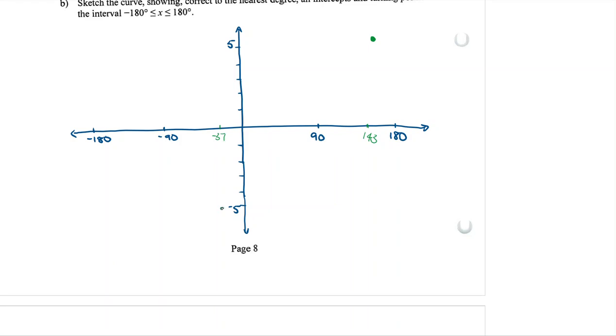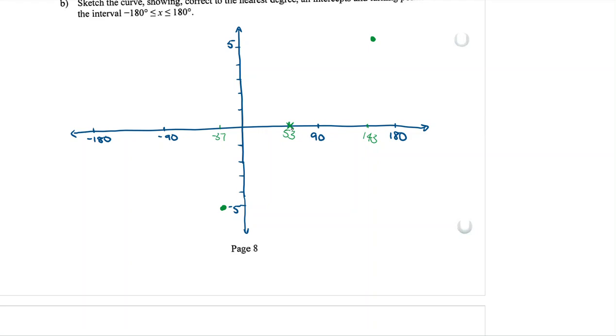I went the full 180. So I missed the 90 in between. It's not going to be a nice intercept. So we've got 143 minus the 90, that's 53. So at 53, that's where it's going to go through, because that would be the middle point.